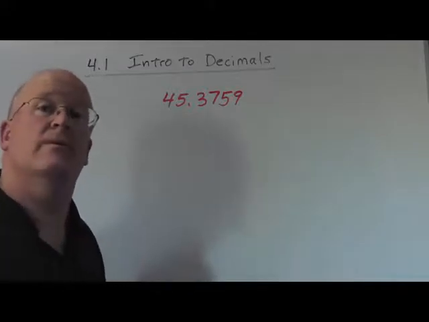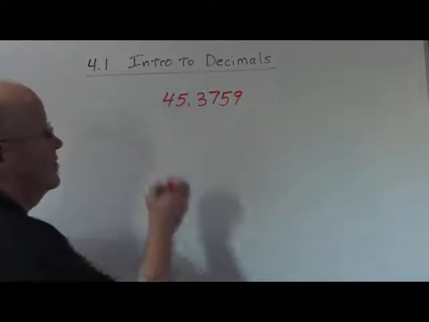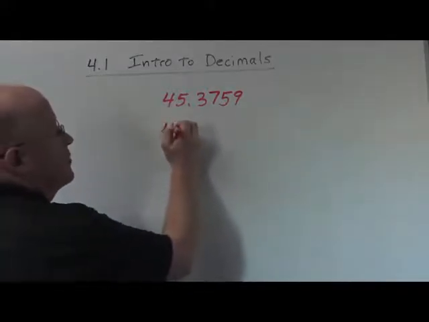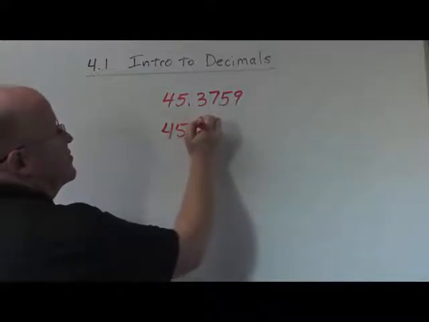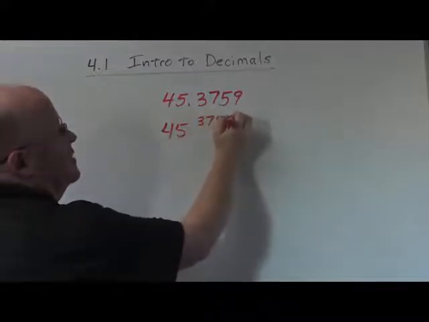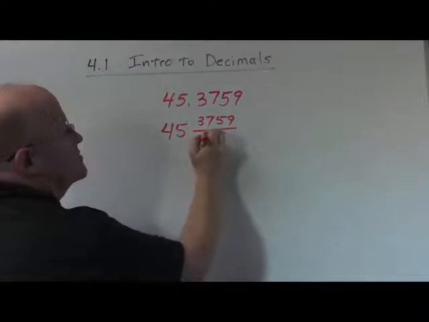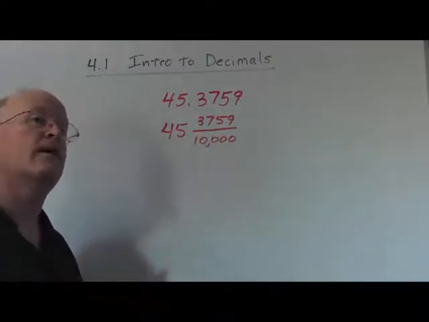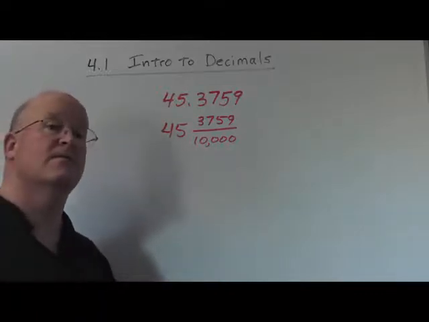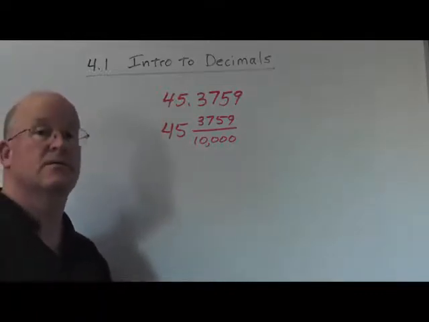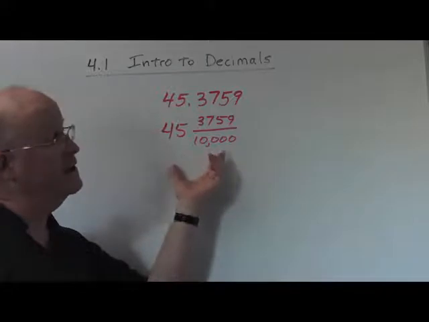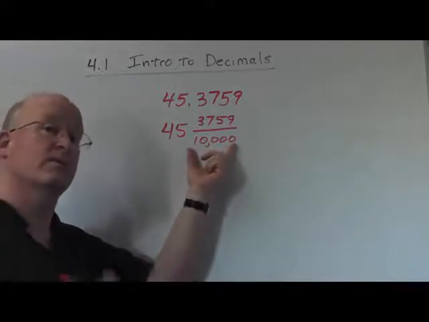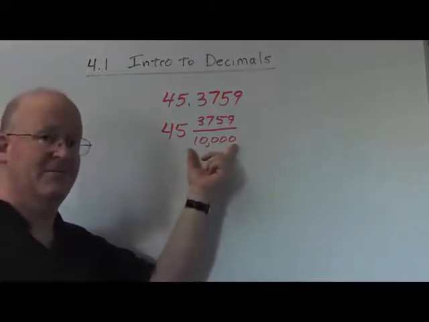And that's actually how we would convert that to fractional form or mixed number form. 45 and 3,759 10,000ths. We can put 10,000 in the denominator. So that right off the bat kind of explains how we can convert a decimal into fractional form. We would then start talking about whether we could reduce the fractional part after that.